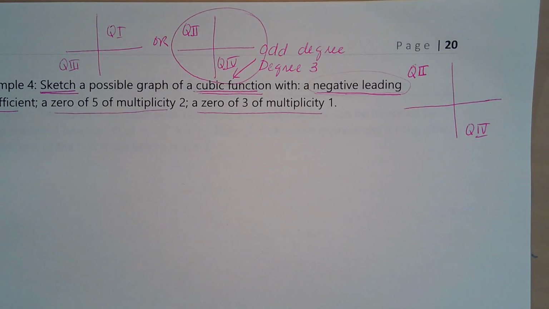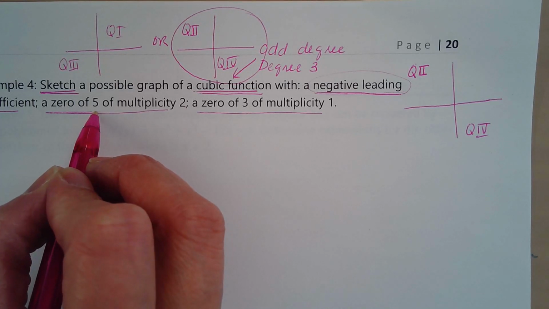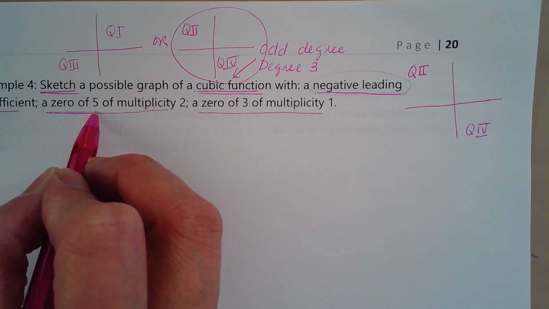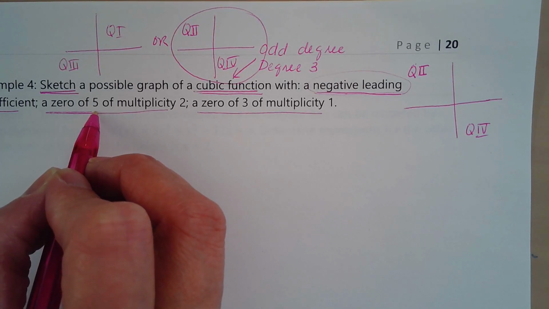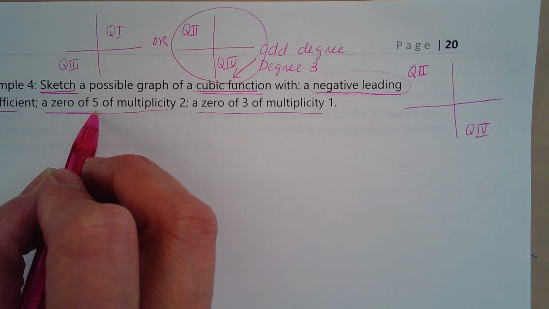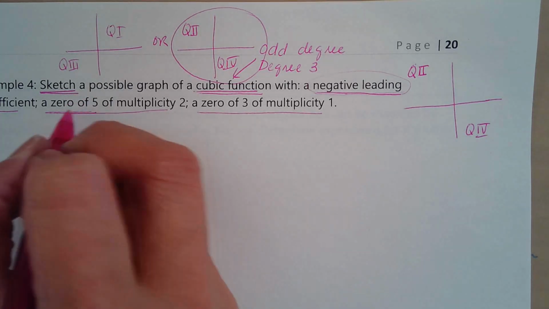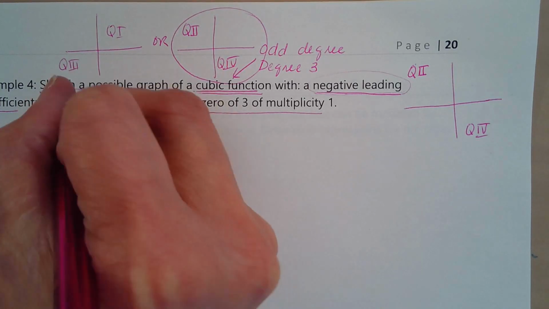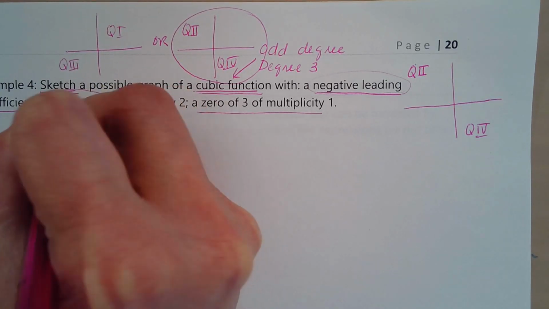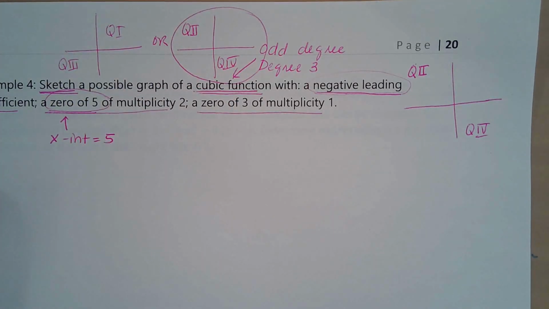Okay. Now it says here, a 0 of 5. Well, we didn't really talk about 0. We actually called it x-intercept. The 0 of the function is the x-intercept for the graph. So this one here, a 0 of the function, means the x-intercept is at 5.